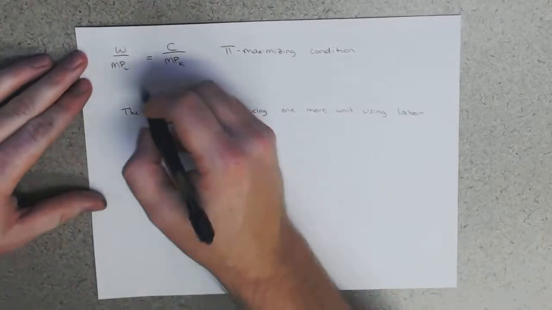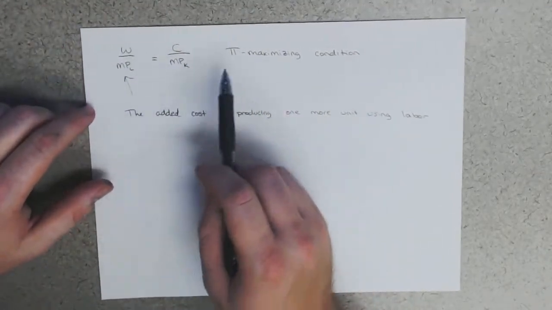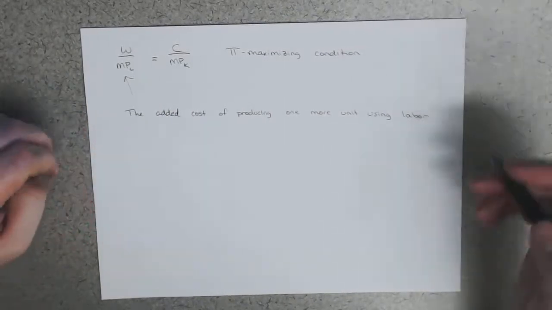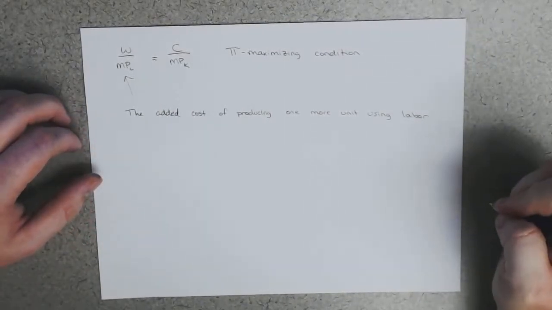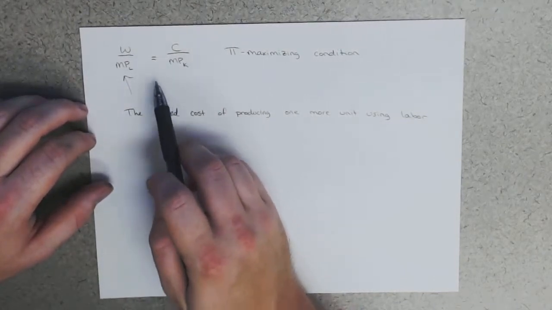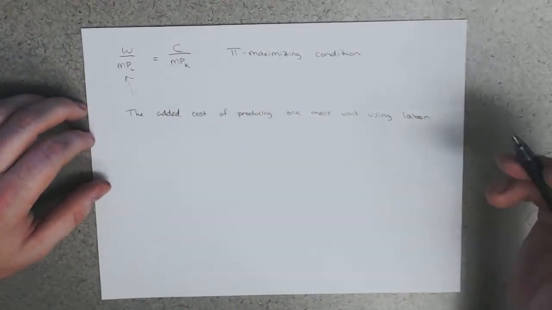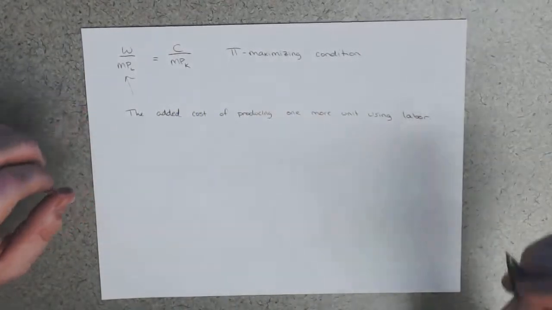Okay, that's this. And analogously, this is the added cost of producing one more unit using only capital. Okay, and what it's saying is that the added cost of producing one more unit using labor is exactly equal to the added cost of producing one more unit using capital.